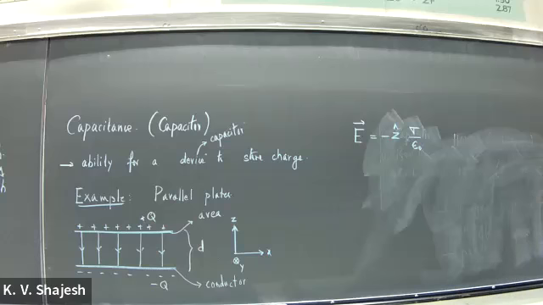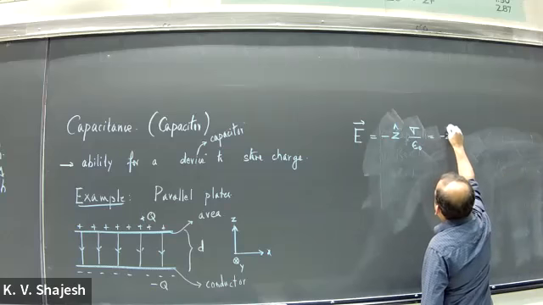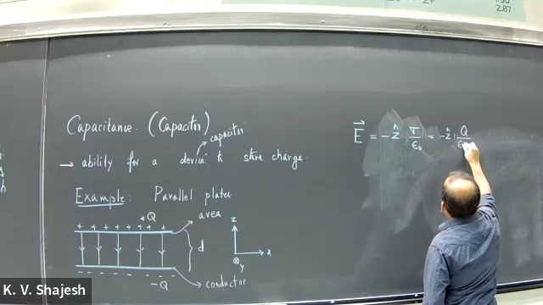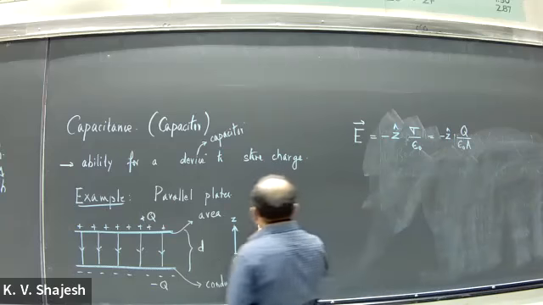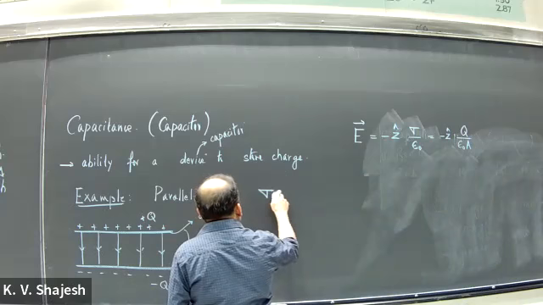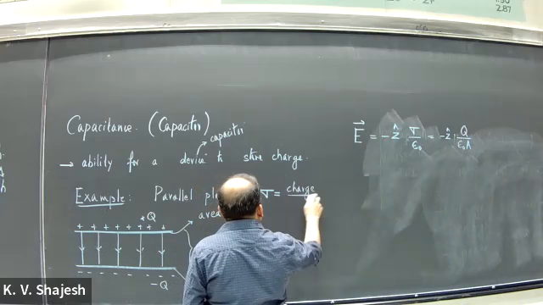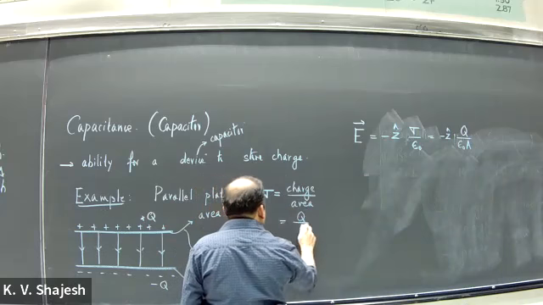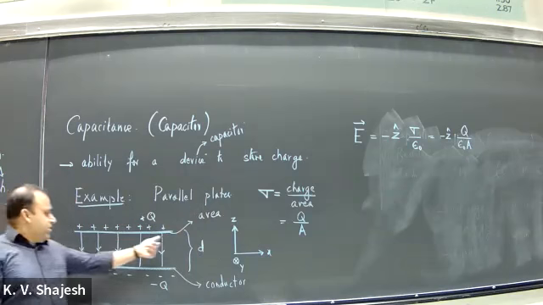But now it is a finite area, so we can write it as minus z hat times q over epsilon naught times A, where sigma, charge per unit area, is q over A. So again, two plates.